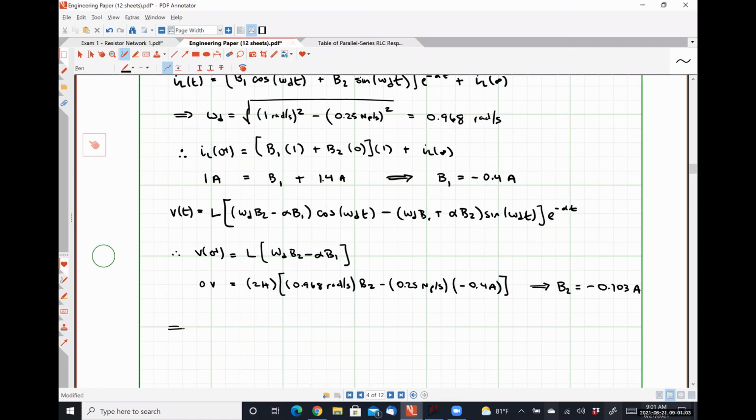So what I mean by that is my inductor current, iL(t), and this equation will be valid for all t greater than 0 plus, is simply B1, negative 0.4, cosine omega_d t, so 0.968 t, plus B2, so I'm going to have plus 0.103 sine omega_d t, 0.968 t.